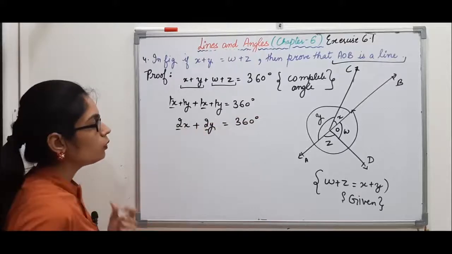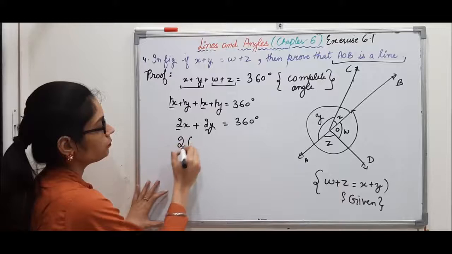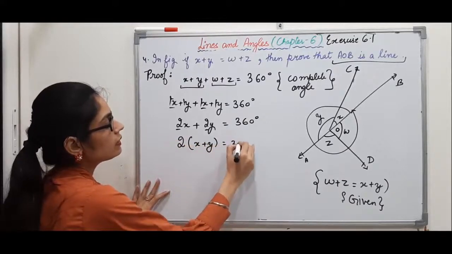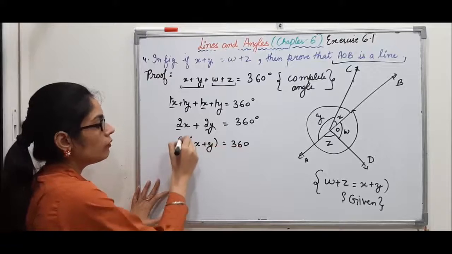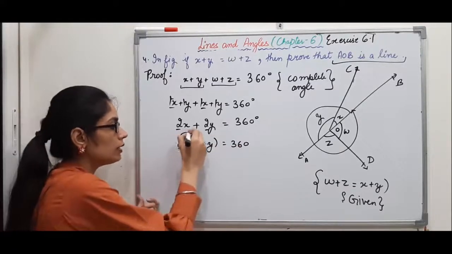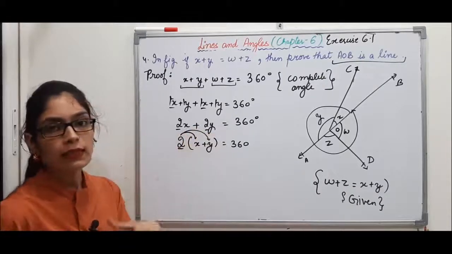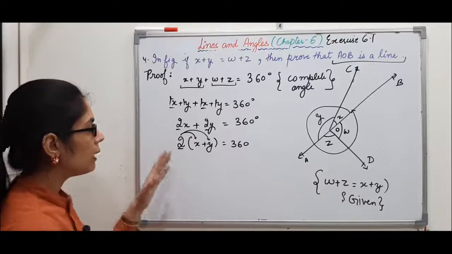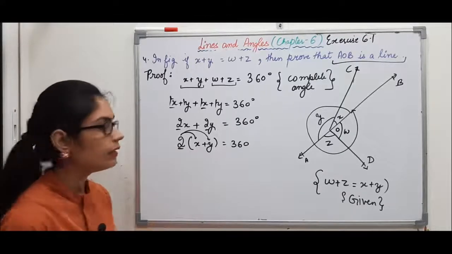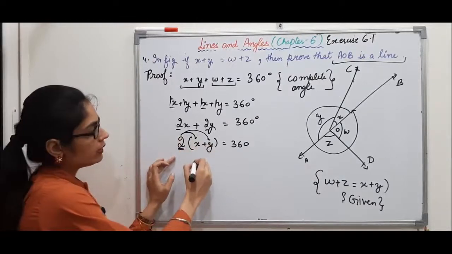So 2 is present in both the terms, so I'll take 2 common: 2 into x plus y is equal to 360 degrees. See this 2, if you multiply again, you will get 2x plus 2y, because whenever anything is written outside the bracket, it gets multiplied with all the terms inside the bracket. So it's the same thing, we have just taken it out, it's not making any difference. Now this 2 is getting multiplied with x and y.